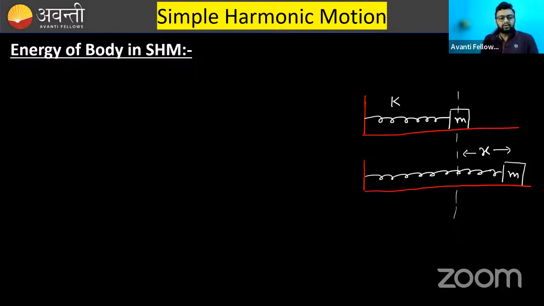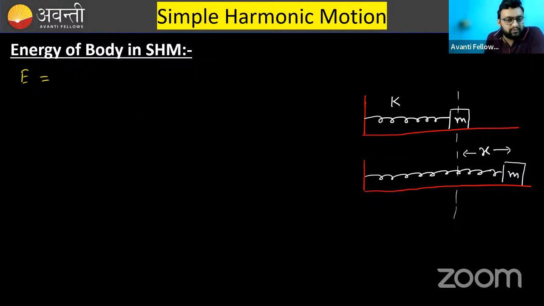So the first thing that I will say is that the energy of the body will be in two forms. Two forms what? It is moving, that means it has some kinetic energy, and it is a spring mass system. There is a restoring force acting on it, so it will have some potential energy as well.